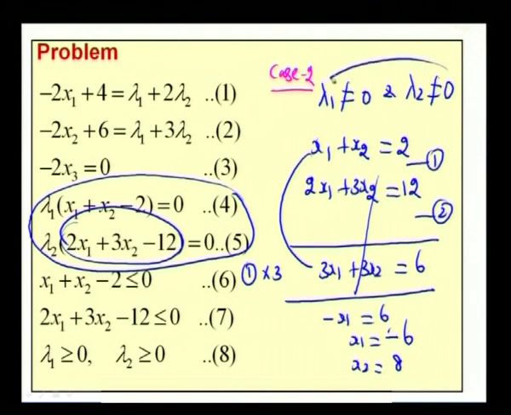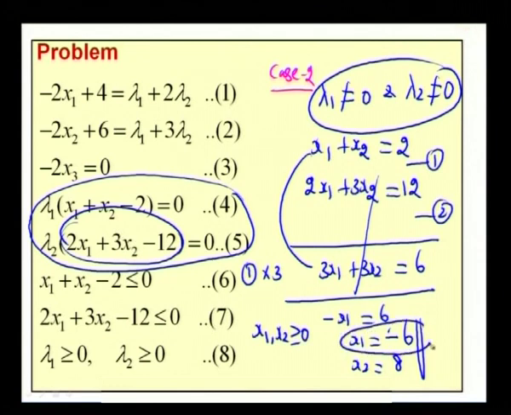So, for the case of lambda 1 non-zero and lambda 2 non-zero, we got x1 as minus 6 and x2 equal to 8. In the given nonlinear programming problem, the restriction on x1 and x2 is that both should be greater than or equal to 0, but we got x1 as negative. Therefore, this solution cannot be the optimum solution to the given problem. Therefore, we have to omit the case lambda 1 non-zero and lambda 2 non-zero.